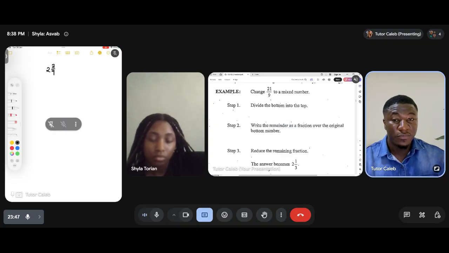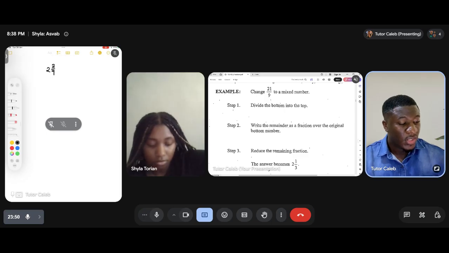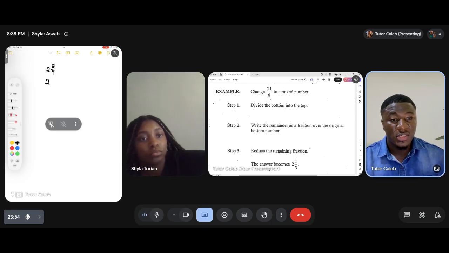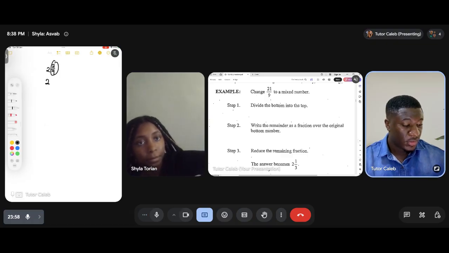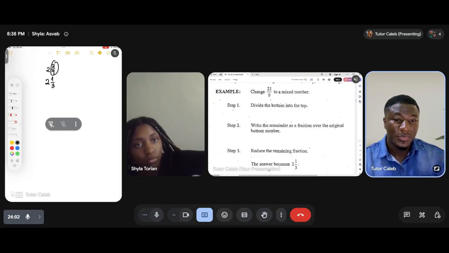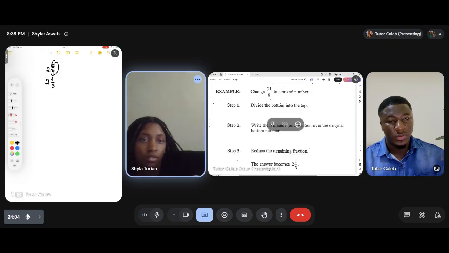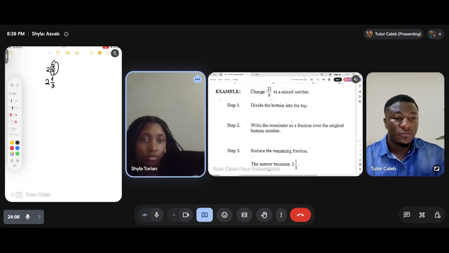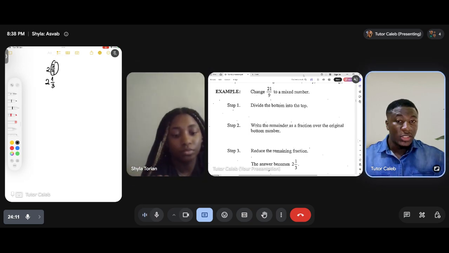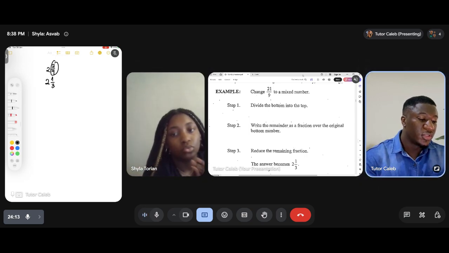This begins to form your mixed fraction. Now, for a mixed fraction, you have to always simplify the proper fraction here. You reduce it. If we reduce, it's going to give you 1 over 3. Do you agree? Yes. Okay. So I have changed this fraction from an improper fraction to a mixed fraction.